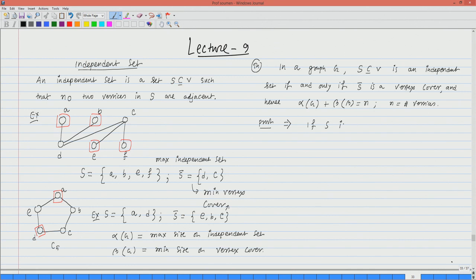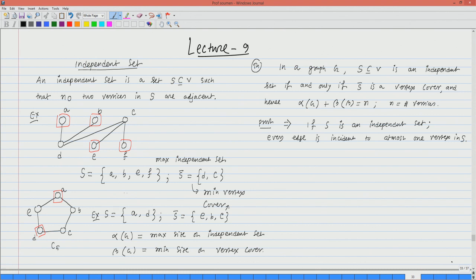If S is an independent set, then what we can say in terms of every edge, is that every edge is incident to at most one vertex in S. So, let us look at an edge.